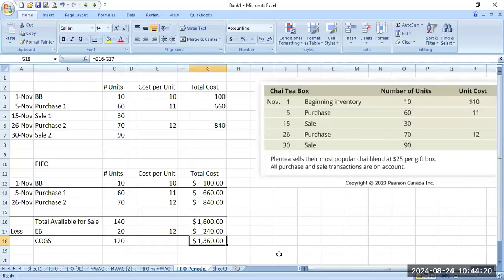So I'm going to stop sharing this and move to the Excel spreadsheet. How are we going to do the other method, which requires weighted average? That will be a very simple method, weighted average only. There will be no moving weighted average.